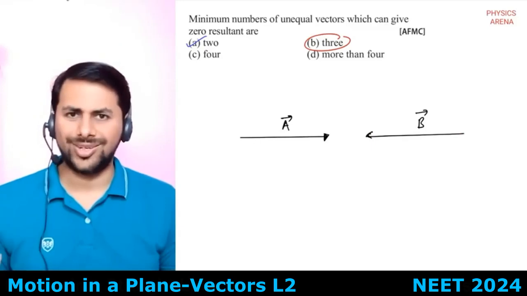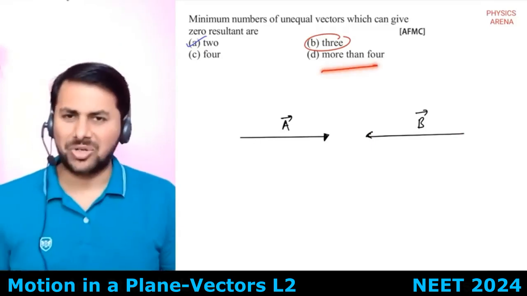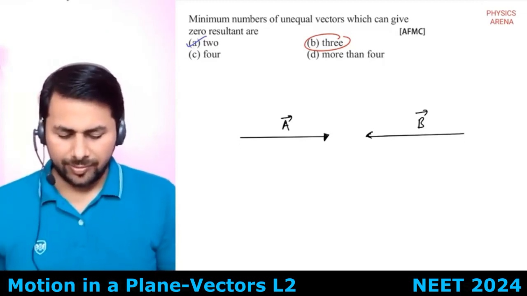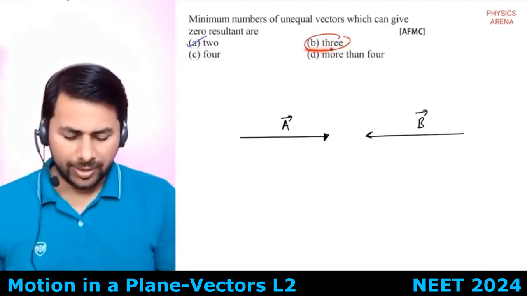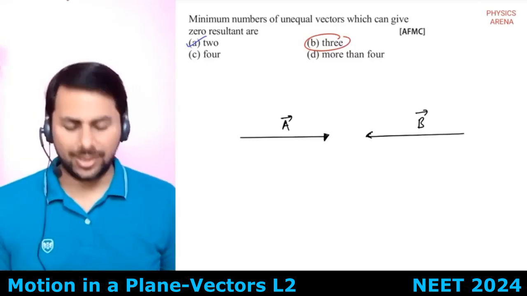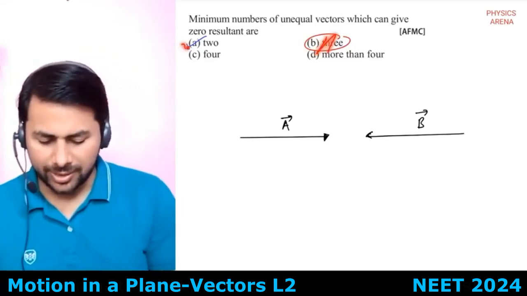So if this question itself comes in NEET, maybe they will say that this is the answer, but we can raise a complaint on this question and say that no, this is not correct, this is correct.